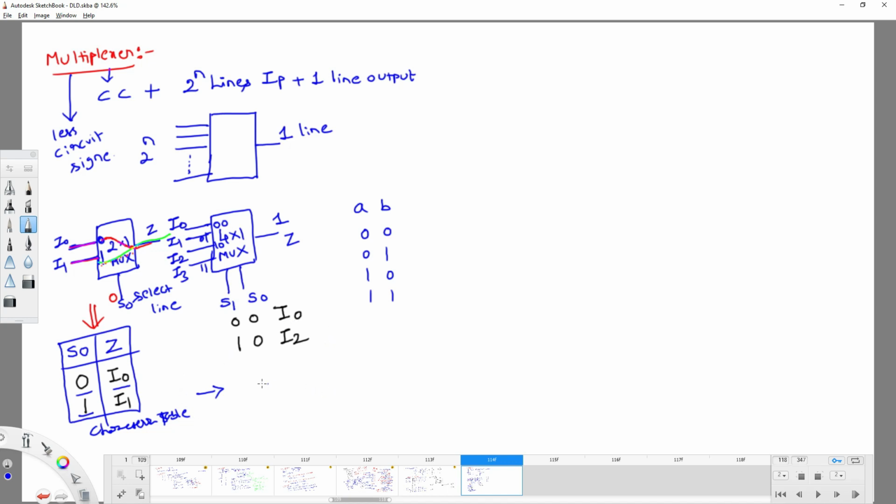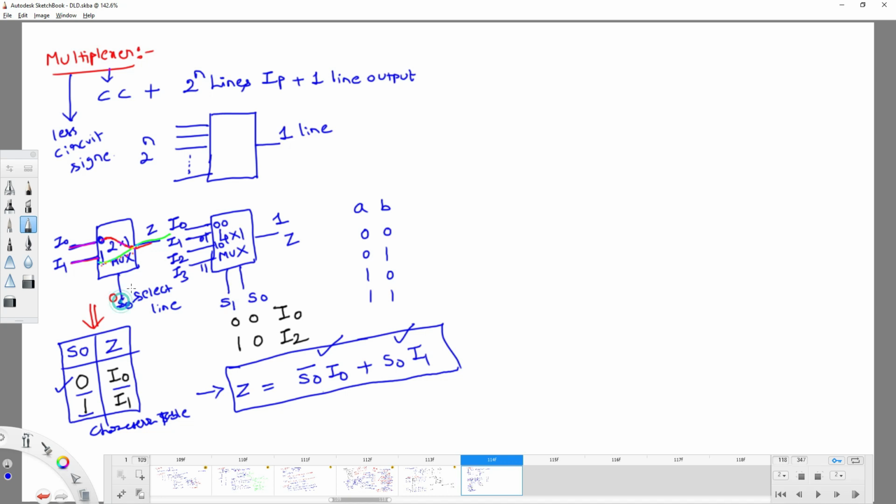So what is the output Z? Z can be written as S0 bar I0, or S0 I1. Am I right? The output can be either S0 bar I0 or S0 I1.